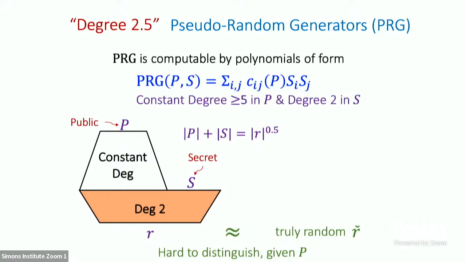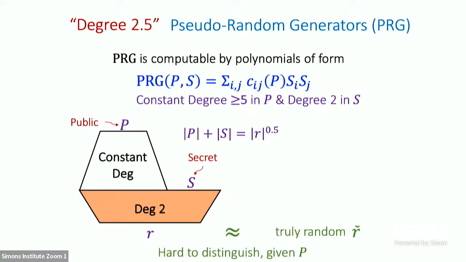Now with the two-part input, we can think about slightly more complex PRGs, which really have degree 2 in the secret seed, and hence can always be written as a sum of quadratic monomials in the secret seed. But now the coefficients of those quadratic monomials can depend on the public seed, and this dependency can be more complex, of some constant degree that is at least 5.